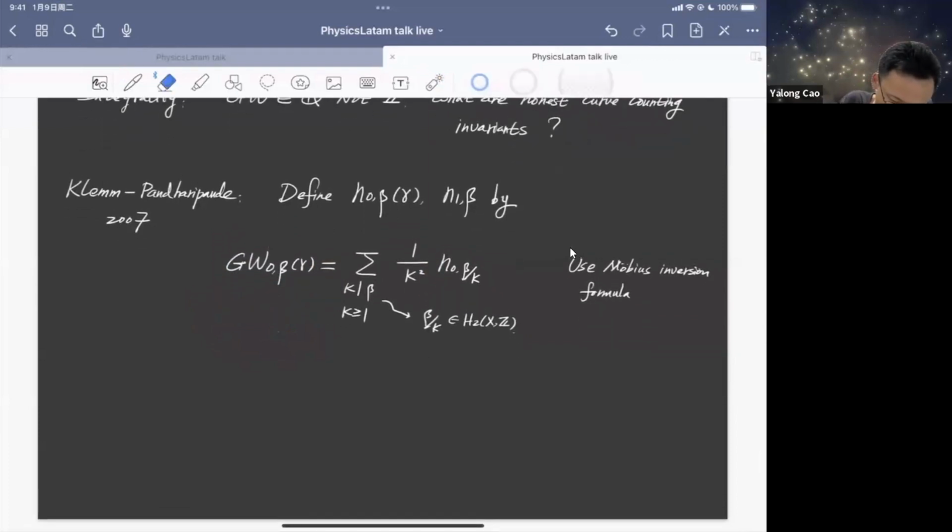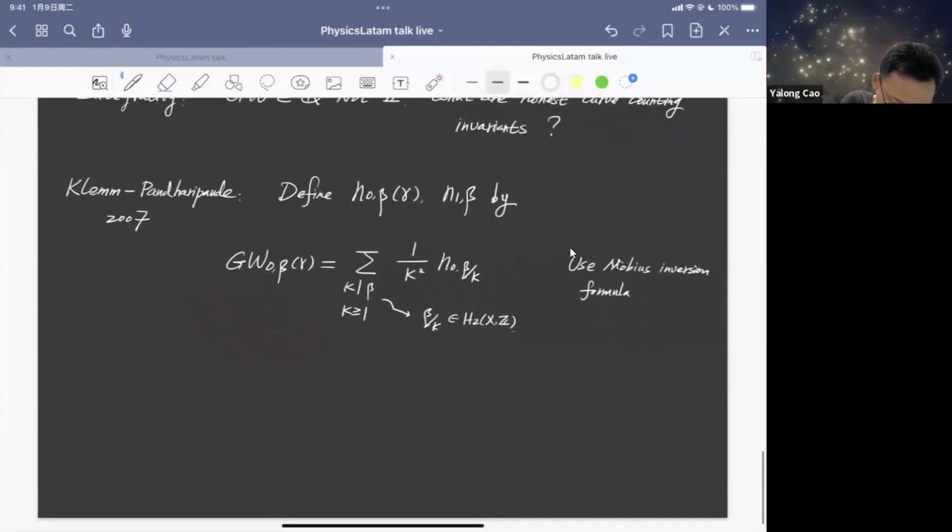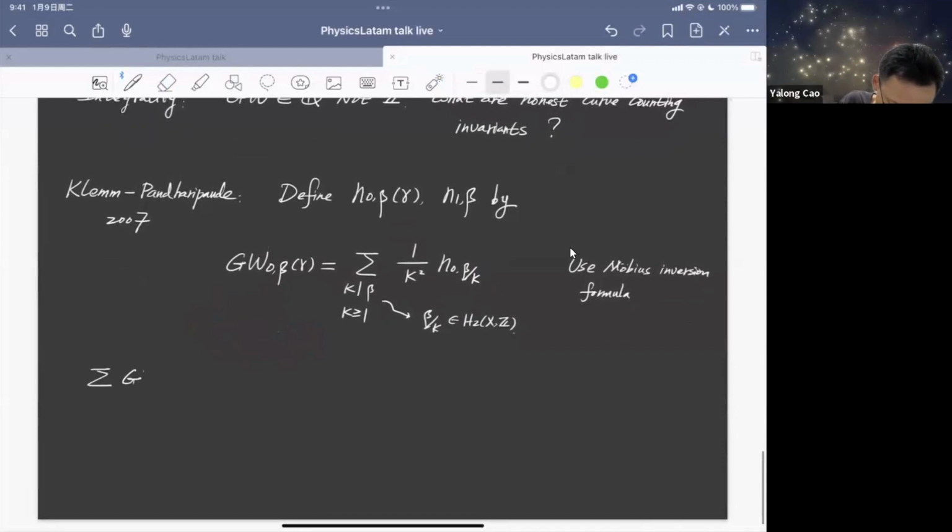There is a similar genus 1 formula, which is more complicated. Let me write it down first. The left-hand side is a series of genus 1 invariants. We sum over all possible curve classes beta, and we put a formal parameter q to the power beta to label this curve class beta. The right-hand side has three parts.